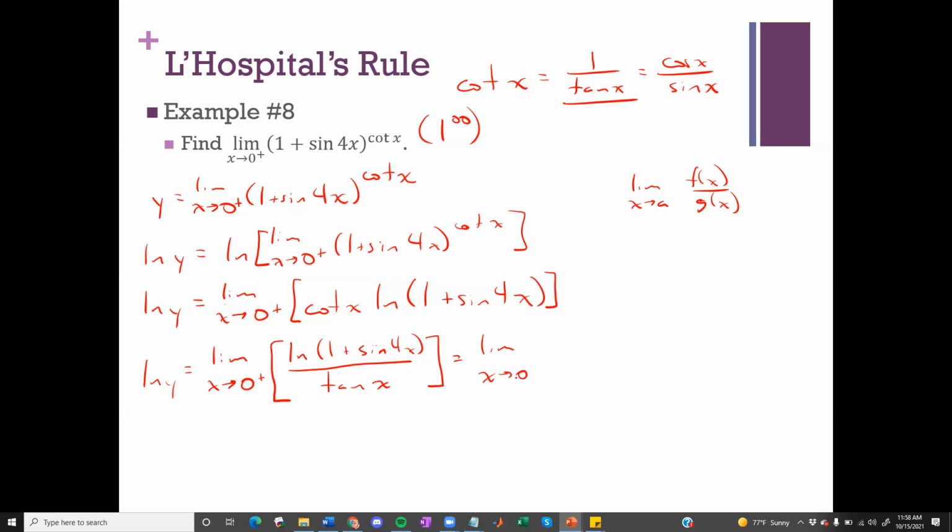So, limit as x approaches 0 from the right of, what is the derivative of the natural log of 1 plus sine 4x?